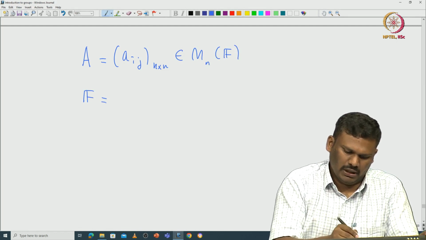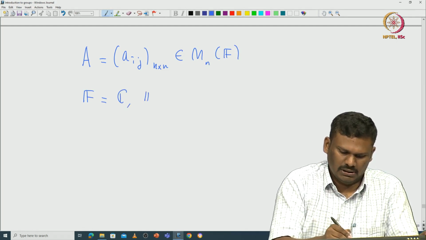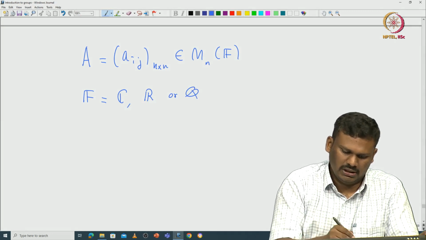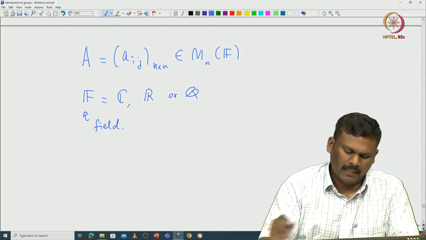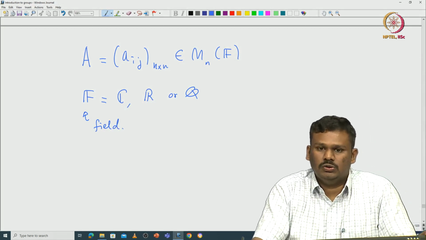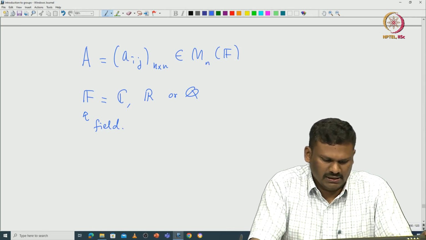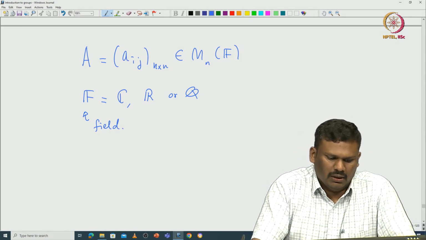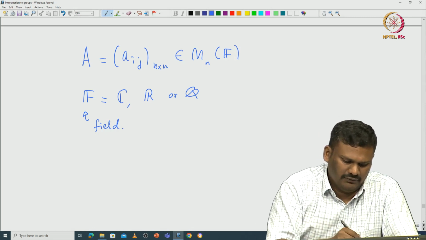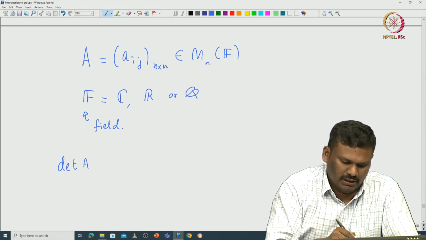For example, you can take it to be complex numbers, real numbers or even rational numbers. It is just any field, so that we are able to do multiplication, division and so on over this F. Now we have this very explicit formula of determinant.